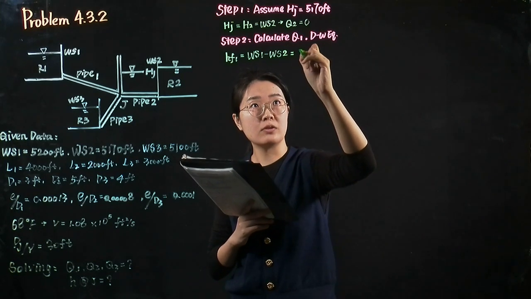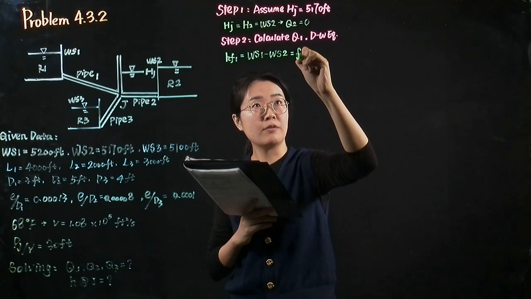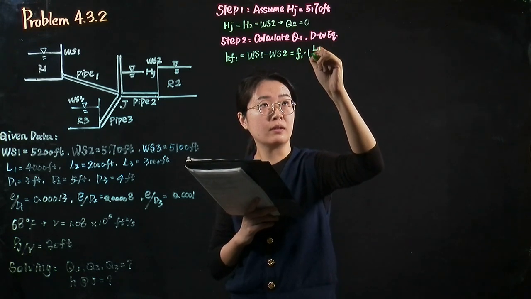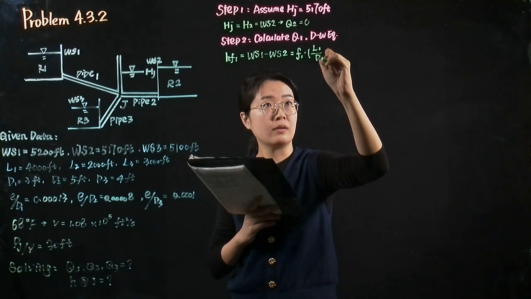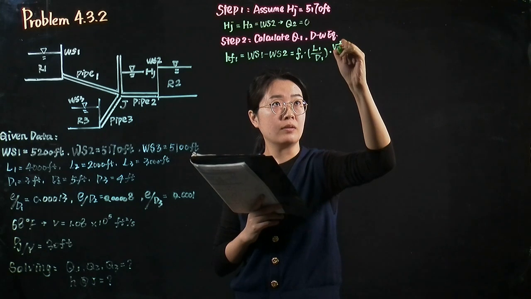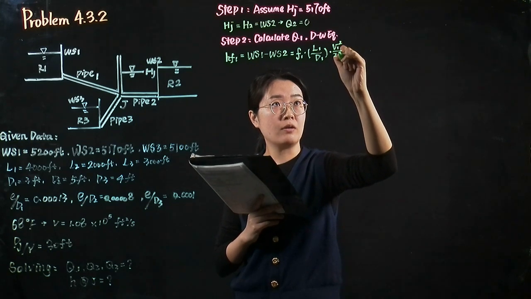It equals friction factor times the length over diameter times V squared over 2g.